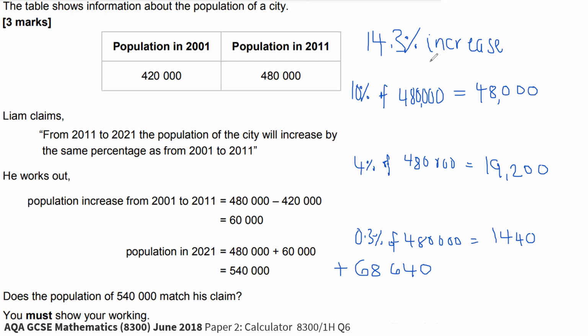And then we notice that it's an increase. So we've got a percentage increase. And that means that we need to add this percentage increase, so the 14.3% value that we've worked out, to 480,000.